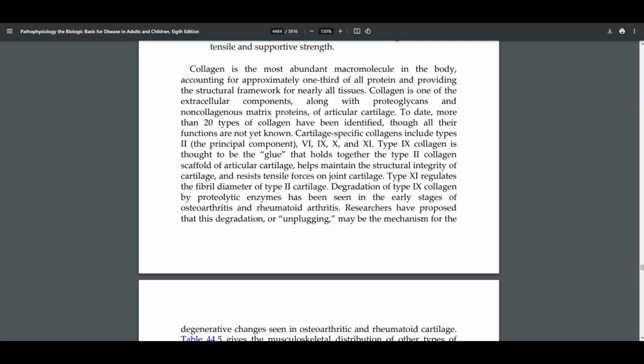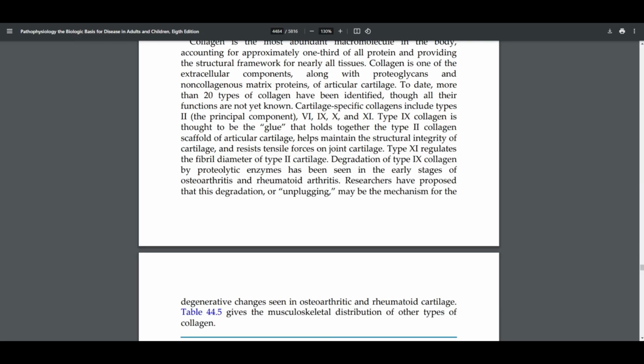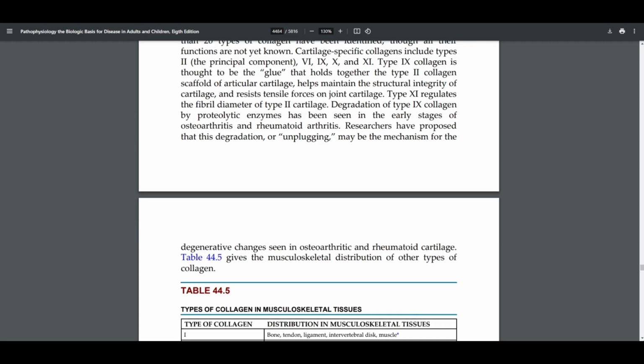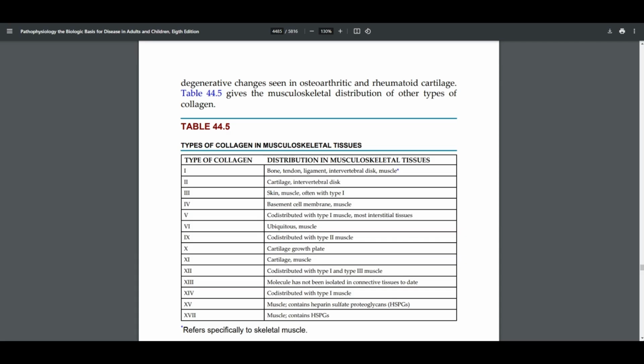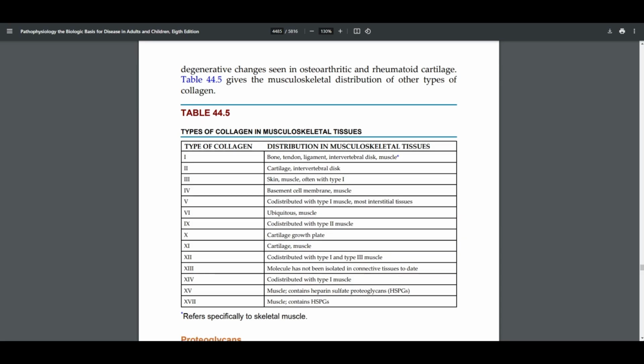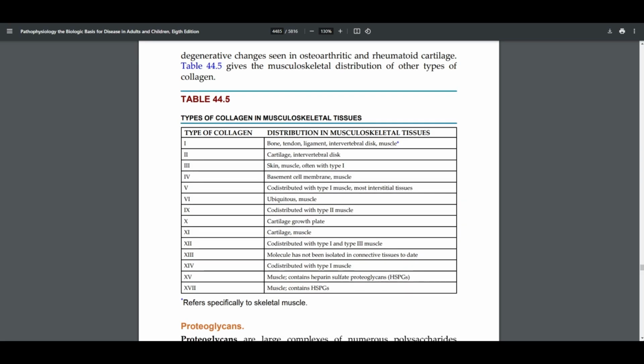Degradation of type 9 collagen by proteolytic enzymes has been seen in the early stages of osteoarthritis and rheumatoid arthritis. Researchers have proposed that this degradation or unplugging may be the mechanism for the degenerative changes seen in osteoarthritic and rheumatoid cartilage. Table 44.5 gives the musculoskeletal distribution of other types of collagen.